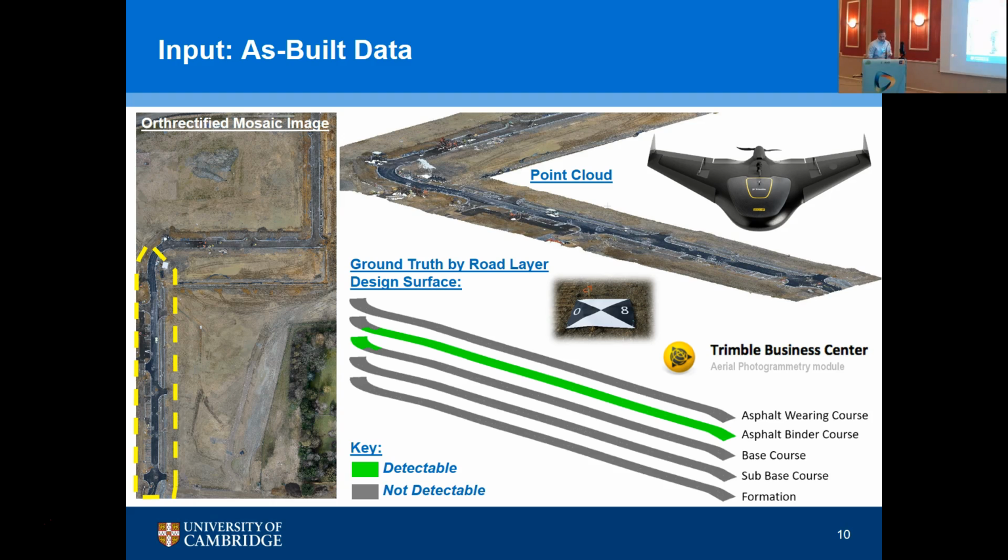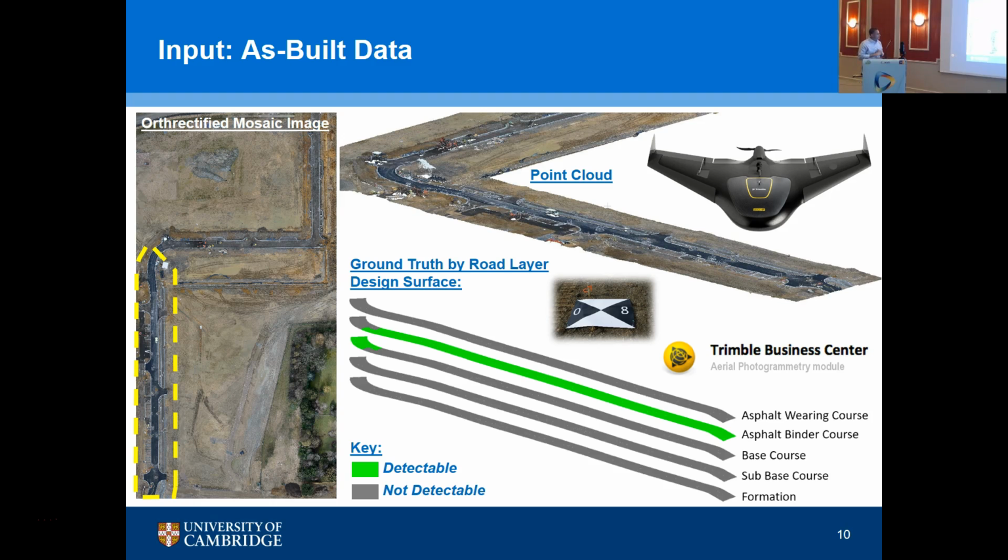On the as-built data side, we flew Trimble's UX5 drone, and this was all done on the construction of a residential road for a new development in Cambridge in the UK. We flew the UX5, and you can see an image of the ground control targets that we used. We had 8 of those spread out across the site, on the recommendation of Trimble's pilot on where to put those and the best layout of those.